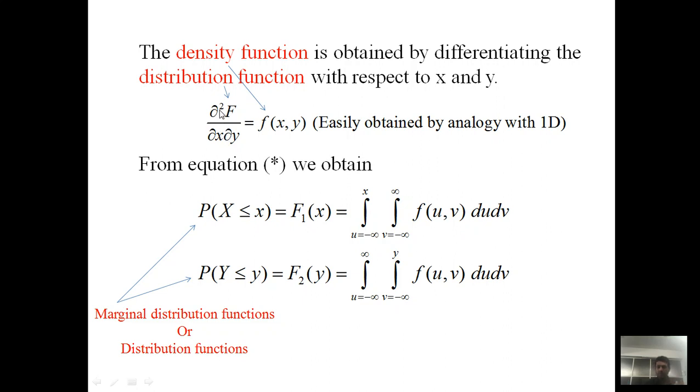So in one dimension, dF by dx is equal to f of x, which is known as the relation between density function and distribution function. We apply the same analogy here to extend the relation between density and distribution function to the two-dimensional case.